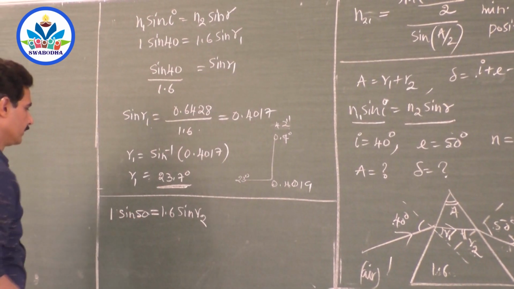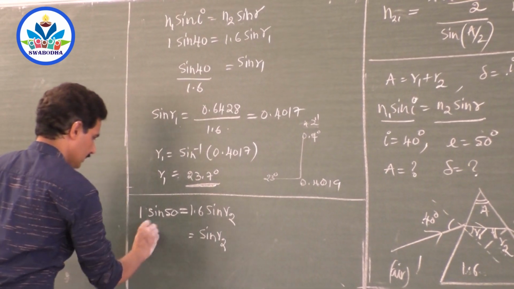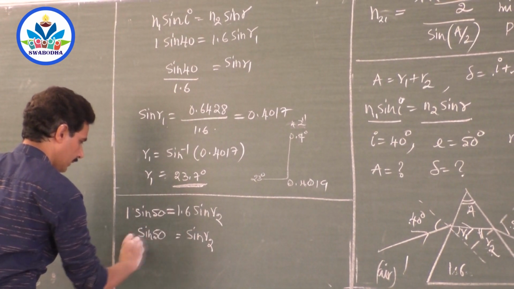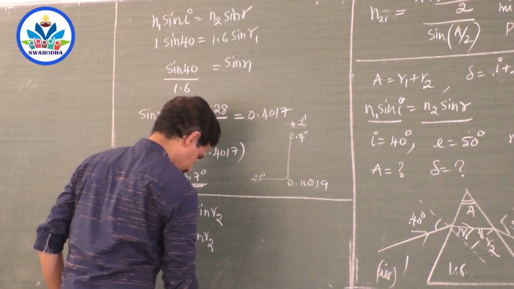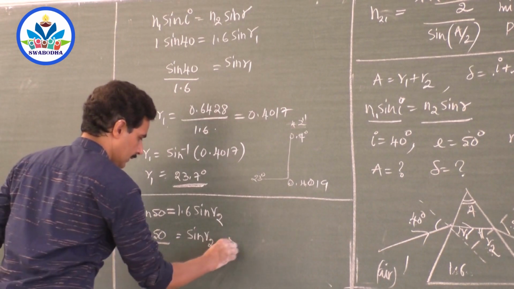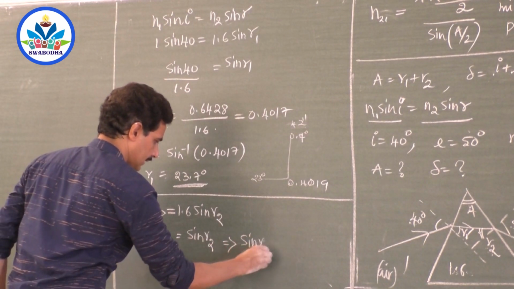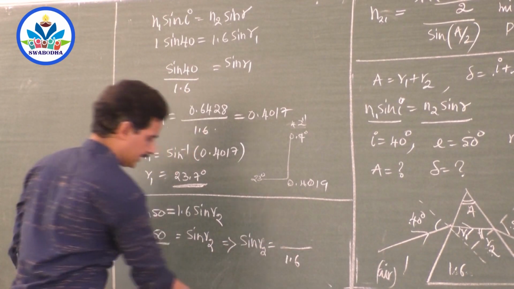Okay. Now, what is sine R2? Sine R2 is equal to sine 50 divided by 1.6. Am I right? That implies sine R2 is equal to sine 50 divided by 1.6. What is sine 50?